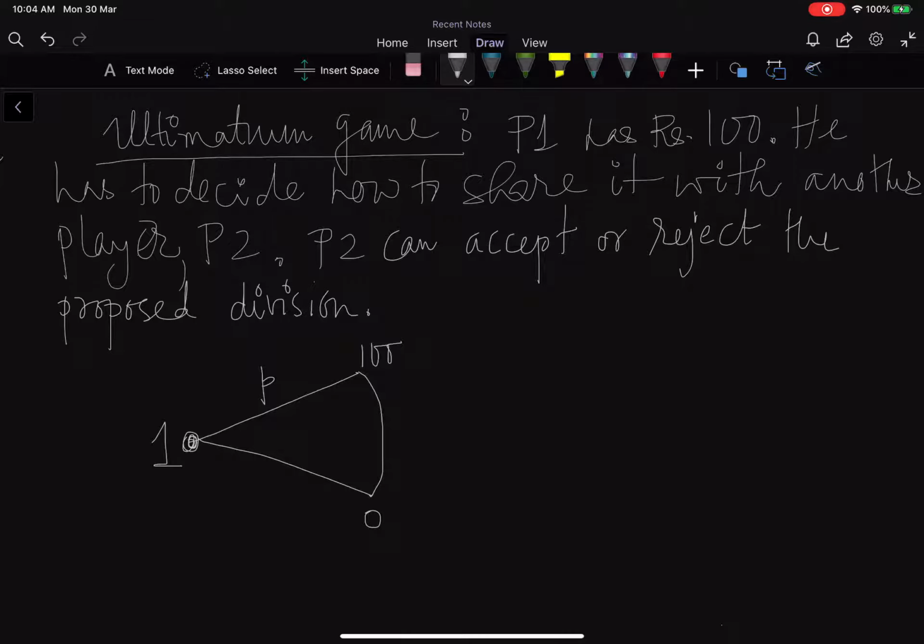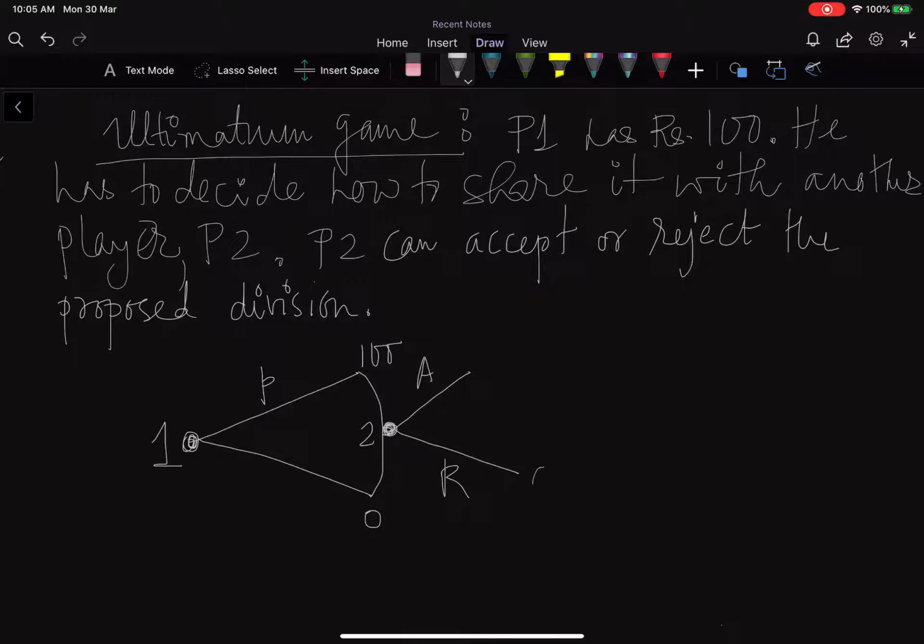Then we pick a middle point here and draw a node where player 2 is moving and saying yes or no. Notice that player 2 has an option to say yes or no for every choice of P, but we are not drawing nodes for all possible choices of P. We are just drawing one representative node for player 2 and depicting its options for any given choice of P. Player 2 can accept or reject.